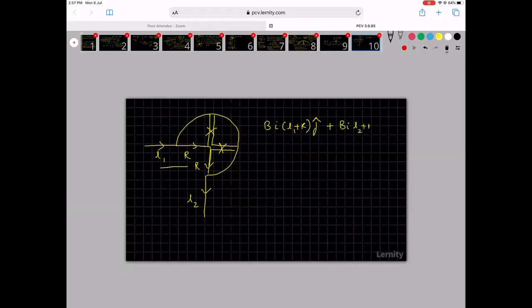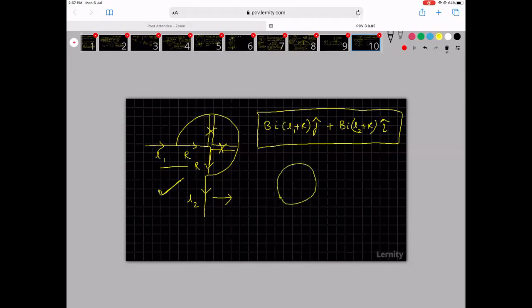The force is in this direction. So I'll say I cap. So this is the net force acting on this wire, which means that if there is a full circle, the net force acting is 0.